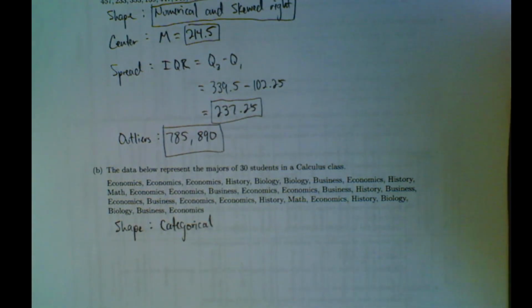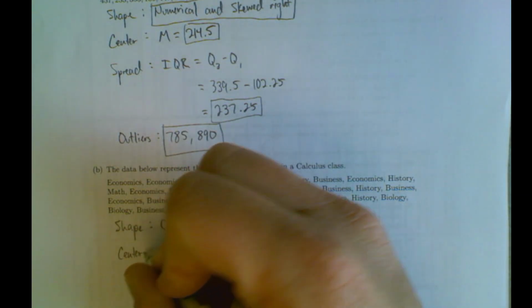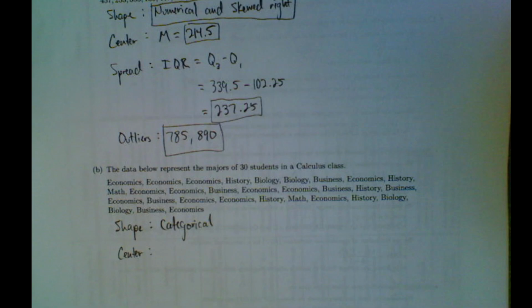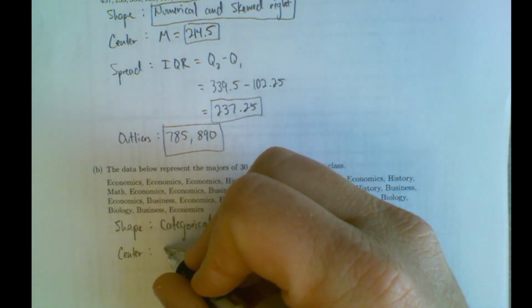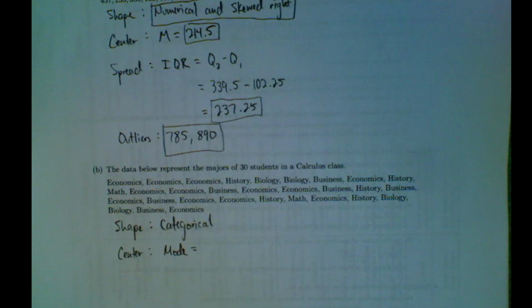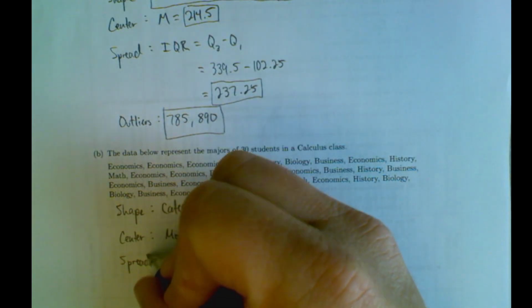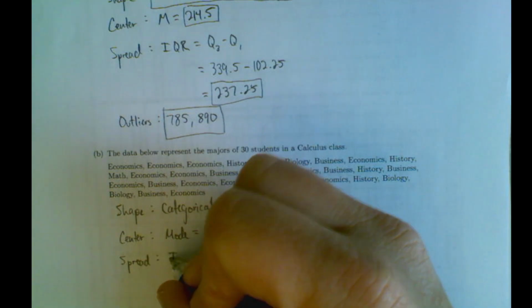So we're not really going to talk about the shape. We could make a bar chart if we wanted to. It might be worthwhile to do that. As far as the center is concerned, since this is categorical data, the measure of center we'll use is the mode. And then as far as the spread is concerned, again, this is categorical data, so for the spread we should use the IQV.